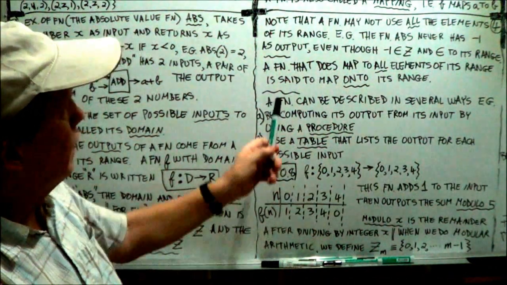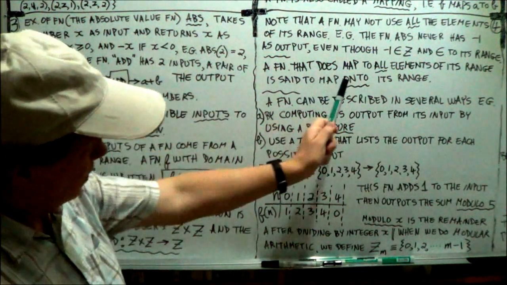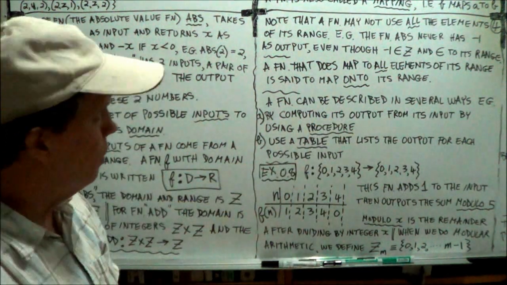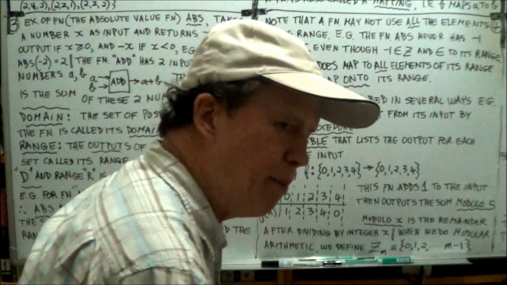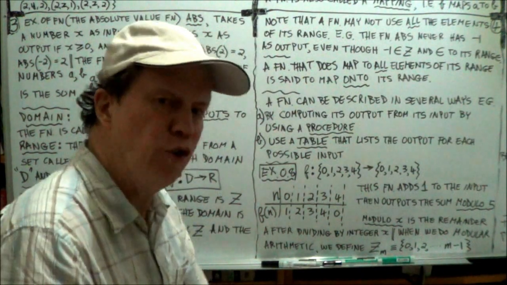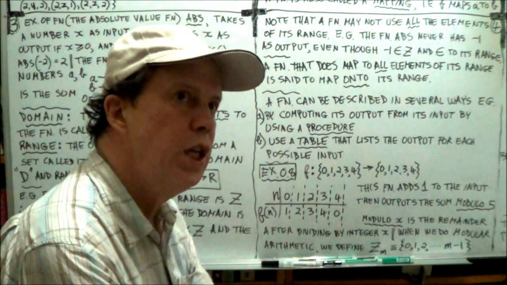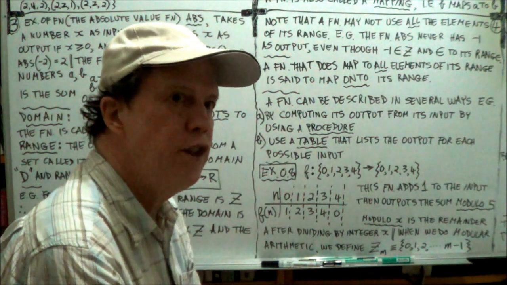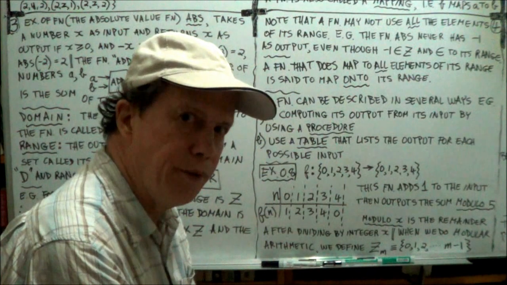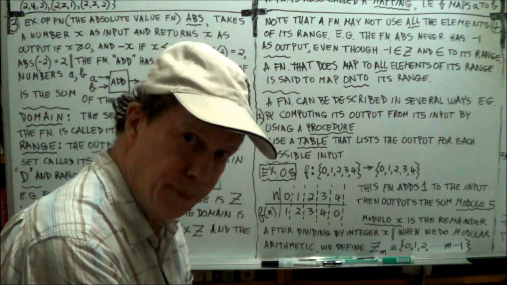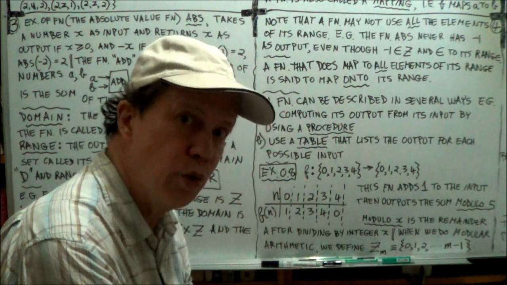Now, here's another term here, onto. A mapping is said to be onto. What does that mean? That means when every element of the range gets used, okay? Gets mapped to.